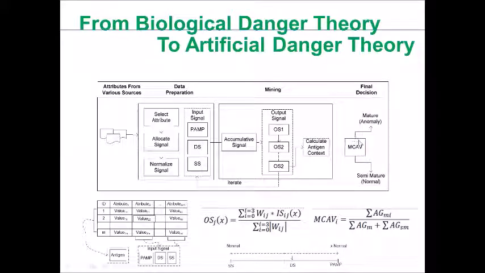So it will determine whether this record dies as mature or dies as semi-mature, normal. If it dies as mature, we consider this an anomaly, and otherwise it's normal. So this is the function involved in the accumulative signal and also the multi-contact value.